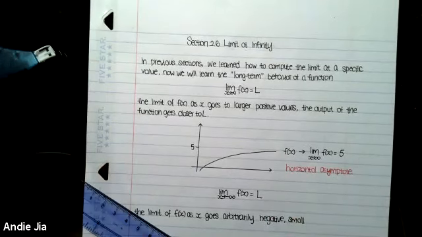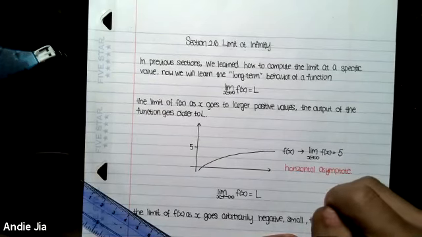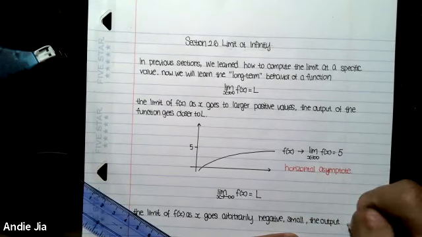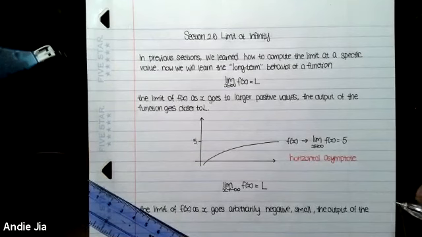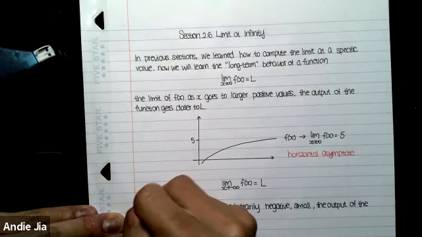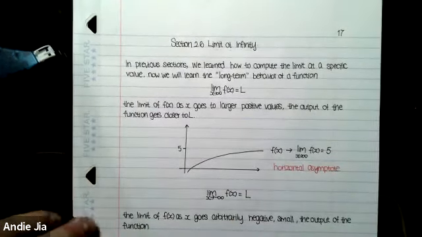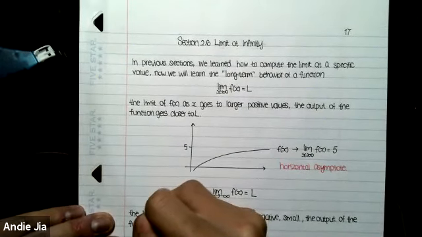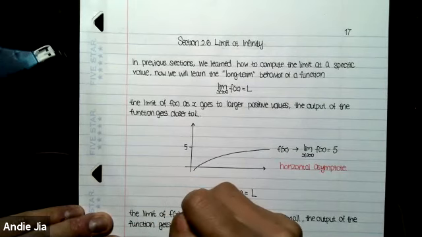It's the identical idea: the output of the function gets closer to L.